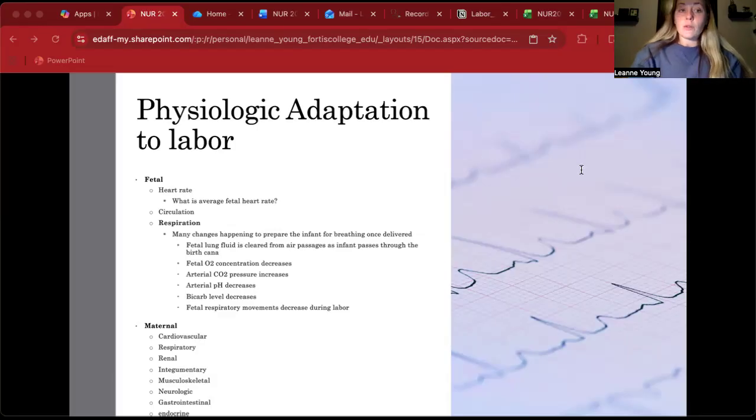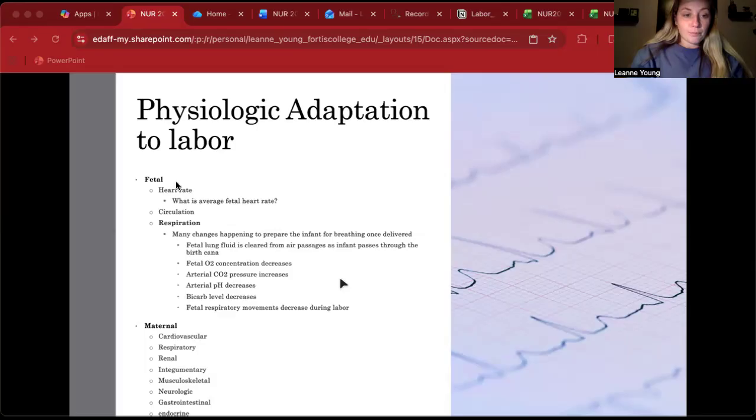So, respiration. This is what I definitely want you guys to focus on. This is the biggest one that I want you to know. Respiration: many changes can happen to prepare the infant for breathing once delivered. Your baby, while in labor, is already making subtle changes to transition to breathing oxygen.